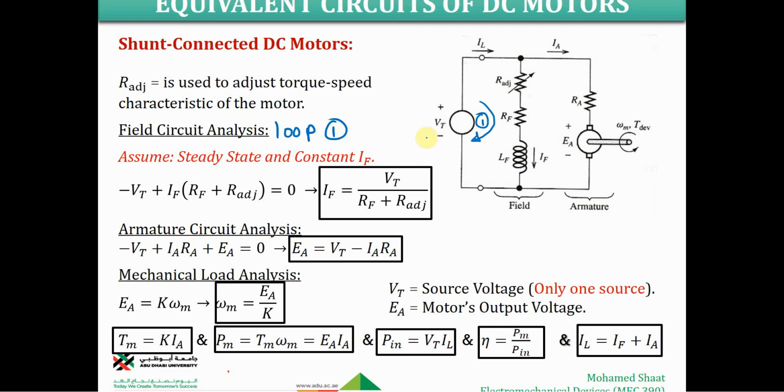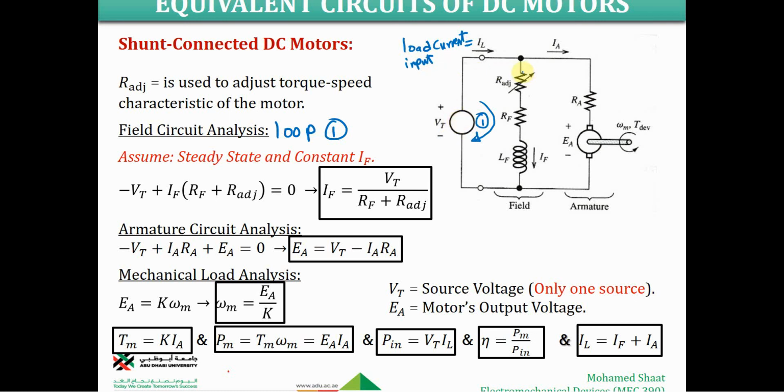In loop 1 we have the input source, which is going to be VT, negative, and we have the current IF, because this is the total current. IL is the load current, where L stands for the load. You should understand that this is the input current that is going to be generated from this battery.